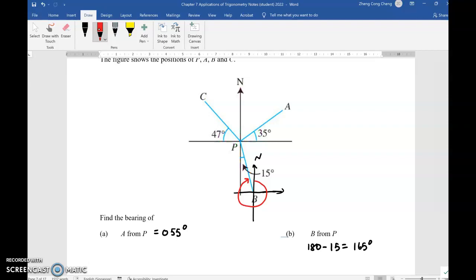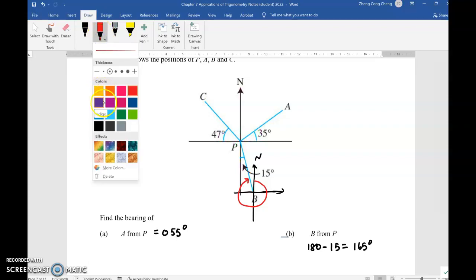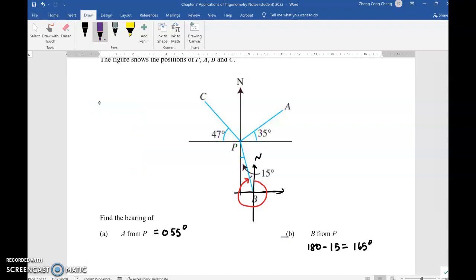As we can see, the red angle will be 360 degrees minus this tiny angle here, which I am labeling in purple.